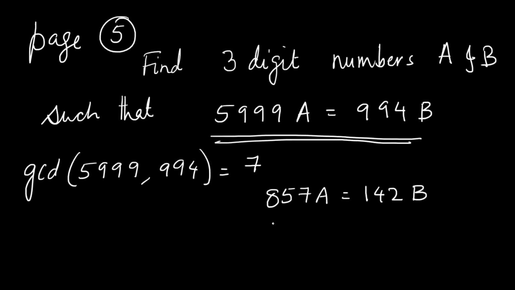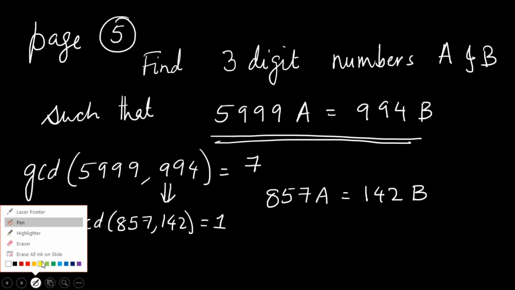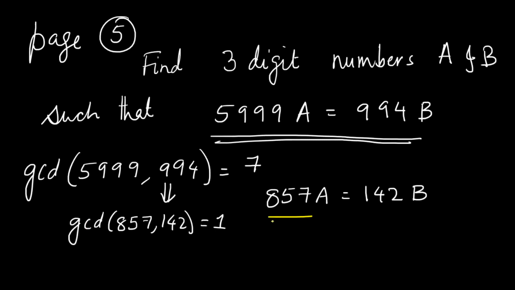At this stage, there's a simple but very interesting move. Notice that the GCD of 857 and 142 is equal to 1, and that means there are no common factors between 857 and 142.